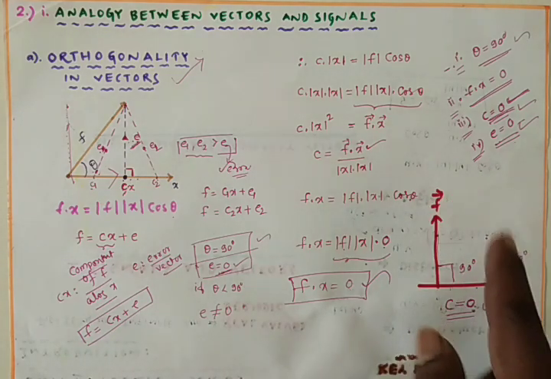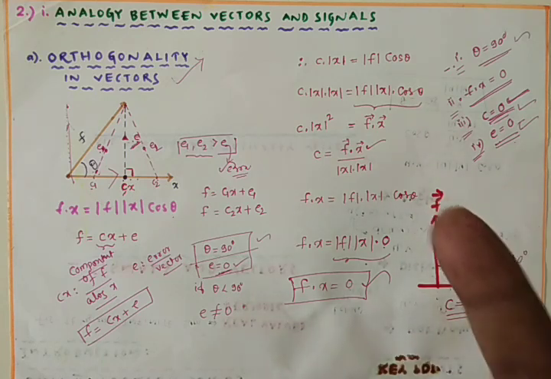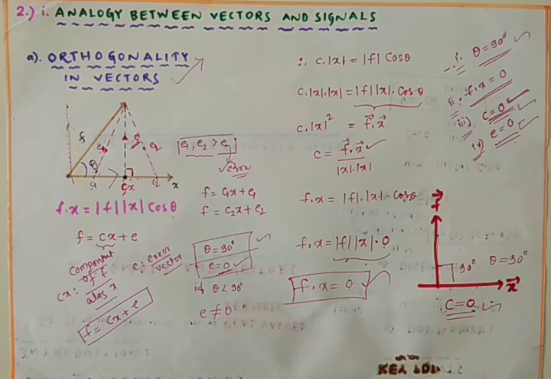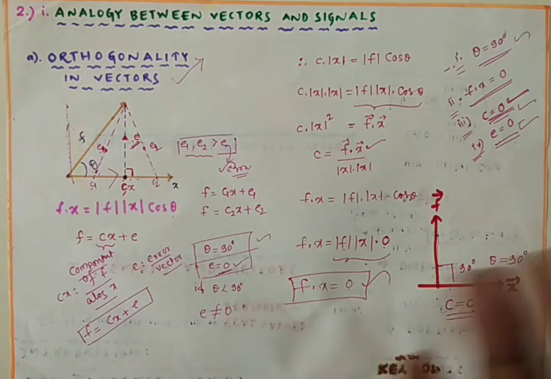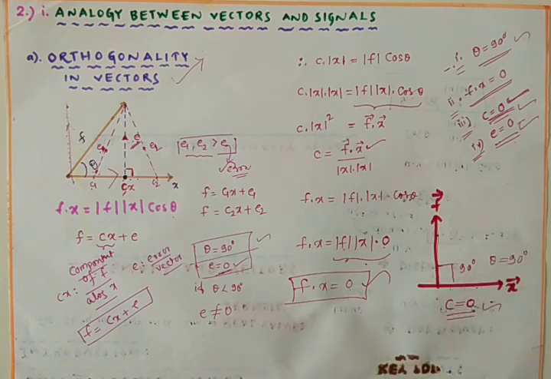The 4 points we have to apply to the signals also, and so we are going to study the orthogonality in signals. The 4 points are very, very important. Orthogonality is nothing but what? If the angle between the two vectors is 90 degrees, then we can say that the signals are orthogonal to each other.